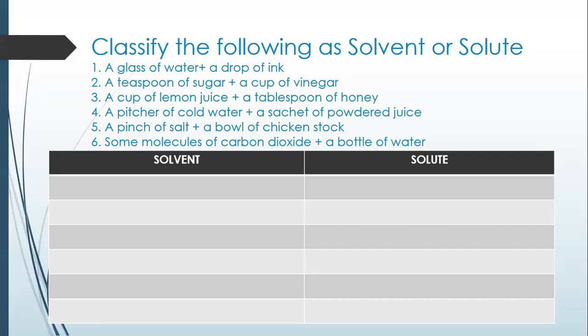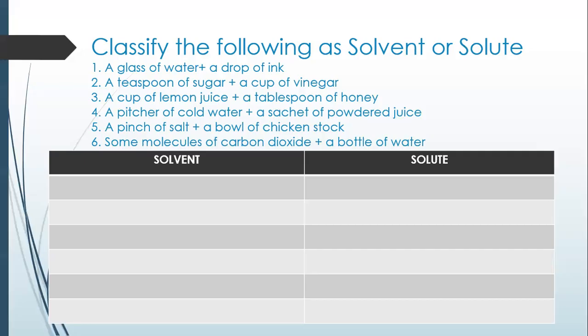What's chicken stock? That is the water with which you boil the chicken in. Then you take out the chicken meat. What's left to you is the chicken stock. Then number 6, some molecules of carbon dioxide plus a bottle of water. Are you ready for checking? Would you like to know whether you got it right or you got it wrong?